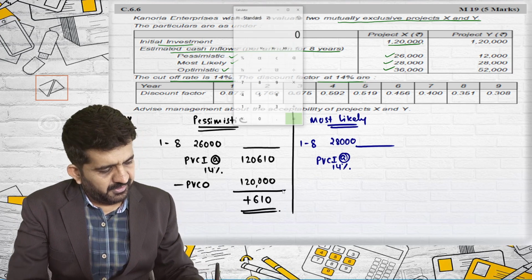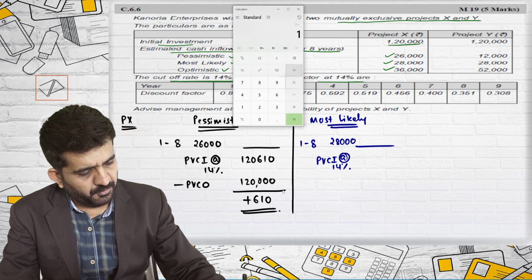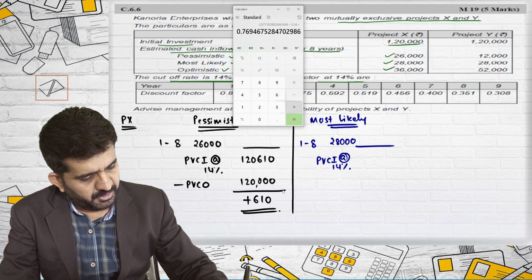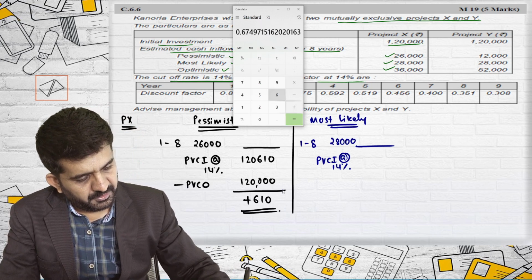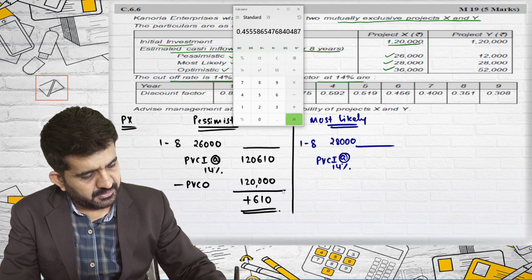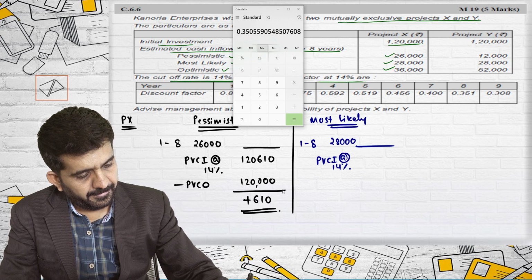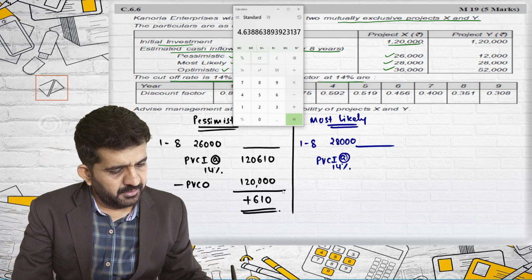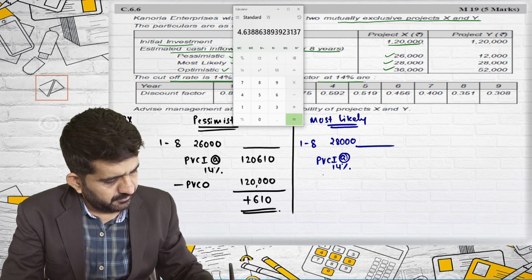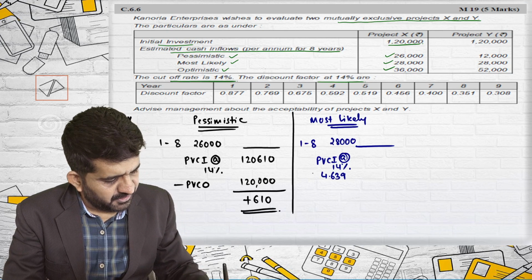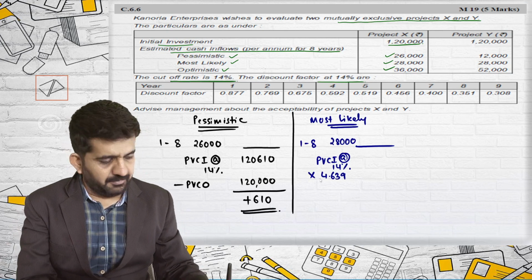Yes, I will be finding out the factor so that it becomes easy for me. 1 divided by 1.14 is equal to m plus 1, 2, 3, 4, 5, 6, 7, 8. MRC is 4.639. 4.639 is the factor, so that I can use every time and just multiply it.